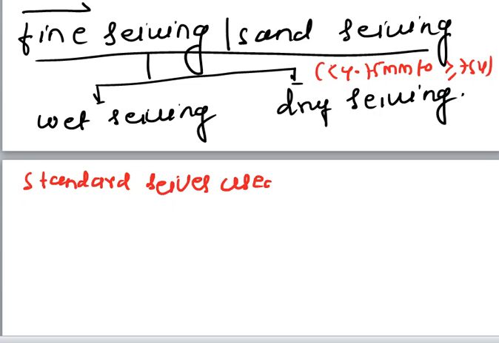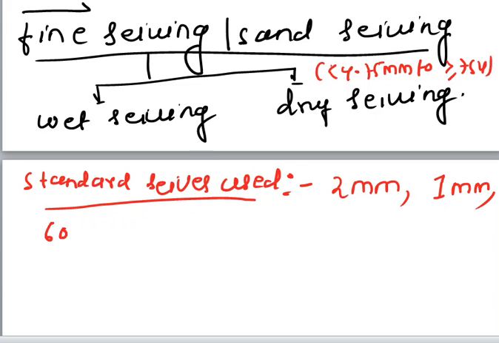In case of gravels, the standard sieves used started from 80 mm and ended with 4.75 mm. Hence the standard sieves used here will start from 2 mm, not 4.75 mm. This is the catch.